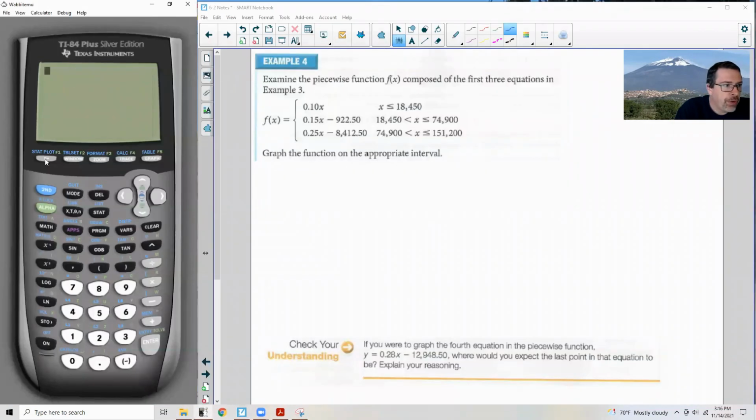So I'm going to get my graphing calculator. We're going to go to y equals and make sure everything is cleared out of there. I will just simply put this function in.